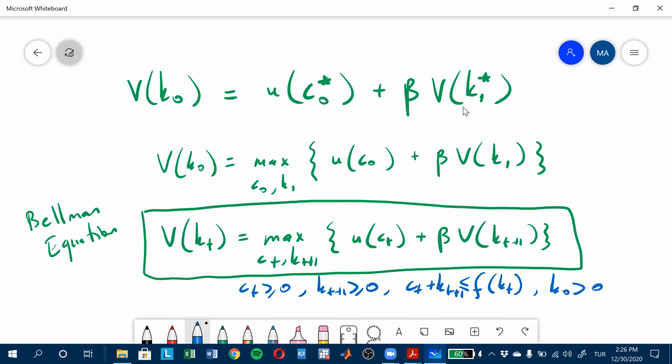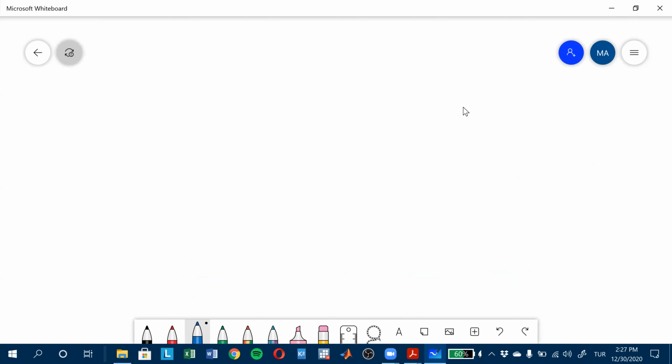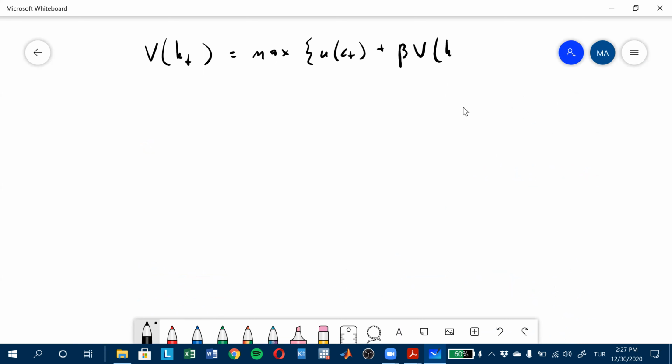Now, assuming that you don't have anything to ask because you remain silent, let me show you this. Now this is the same equation, and this is CT, this is KT plus 1. Suppose that you actually characterize the optimal policy with this function.